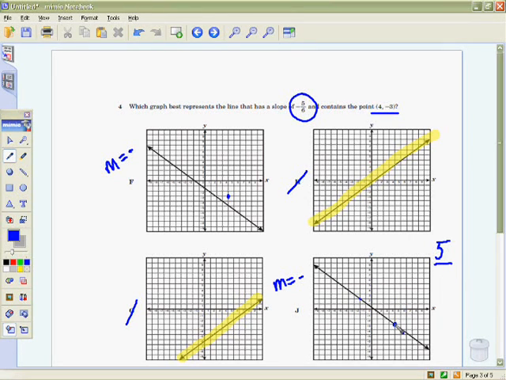Over, that's a positive 5. Now I'm going left, which is a negative direction, so negative 1, 2, 3, 4, 5, 6. So negative 5/6. Now I could have just written this as 5 over negative 6, but remember, positive divided by negative is negative, so the entire fraction is negative. So the slope is negative 5/6, and it contains the point 4, negative 3.